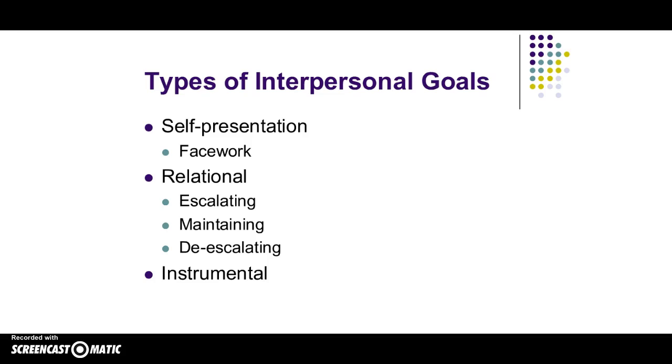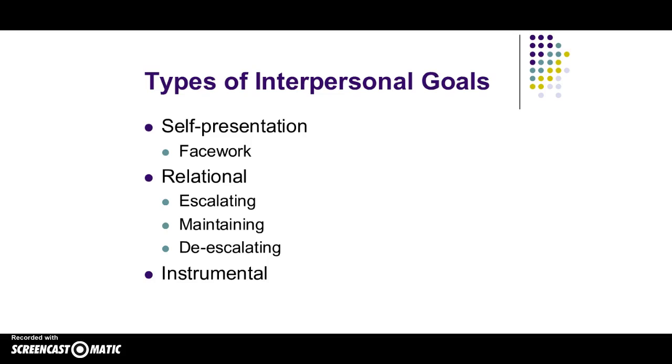The second set of goals on page 14 is relational goals. Later we'll be talking about escalating relationships, maintaining relationships, and de-escalating relationships, which are just what they sound like. And we're not just talking about romantic relationships, but every kind of relationship in the workplace, in the family, in friendships, that these relationships grow together, they stay or maybe even stagnate, and sometimes they grow apart and even end. But we do have relational goals like sharing activities, initiating relationships, keeping in touch with friends from high school.